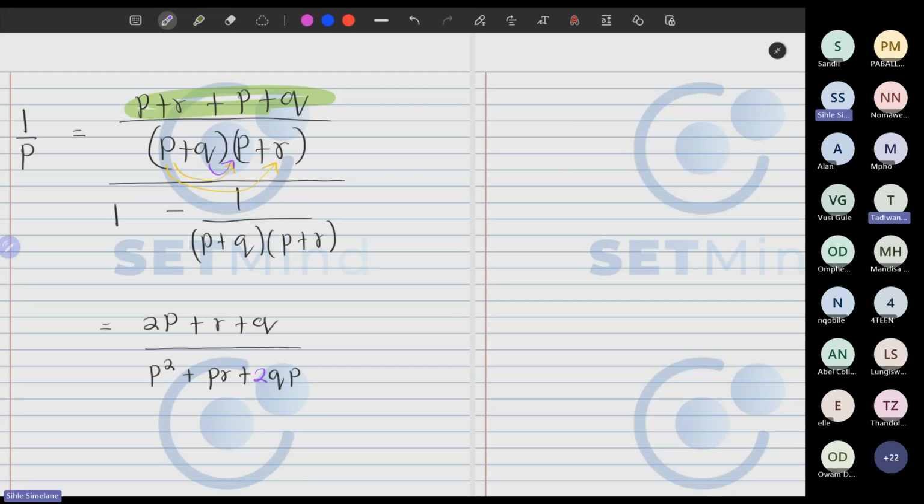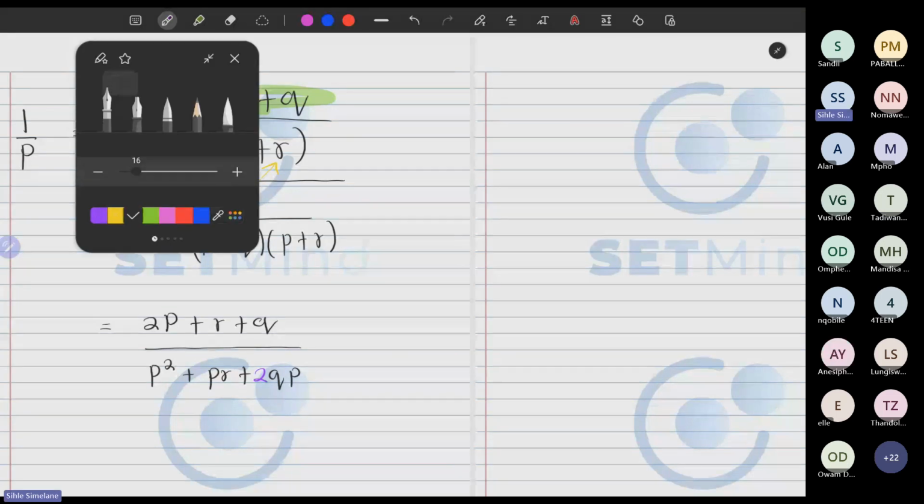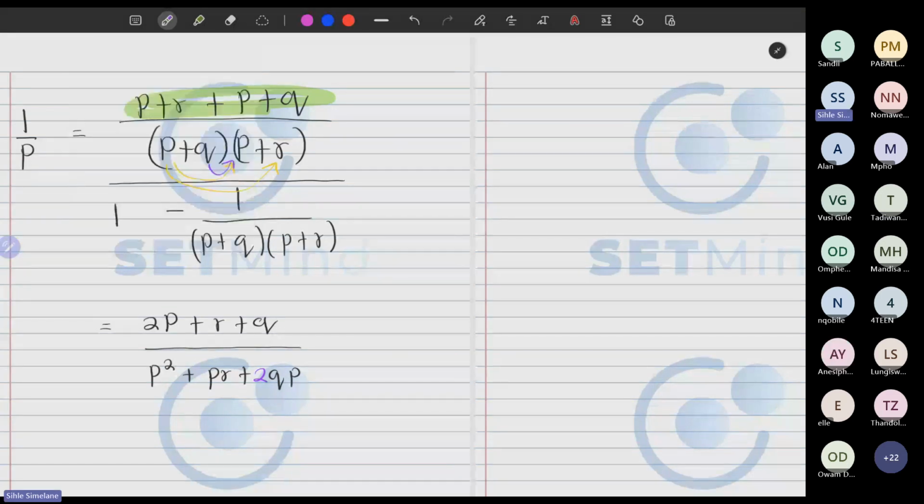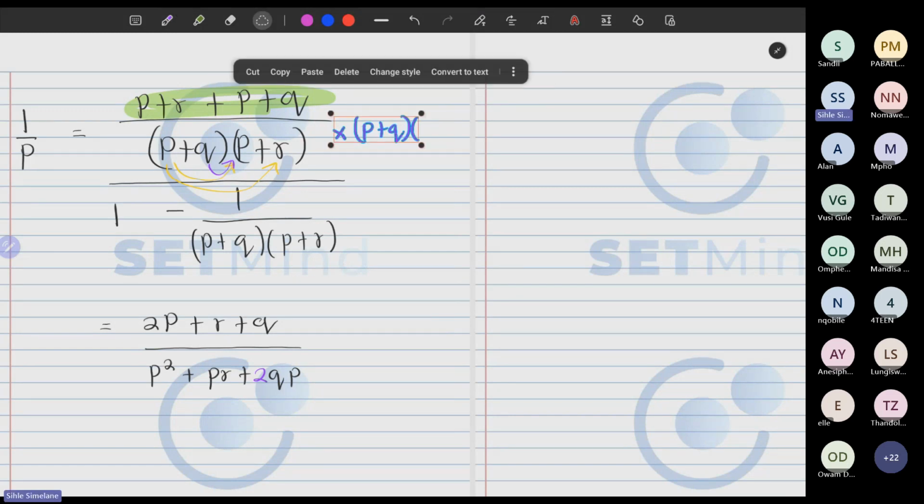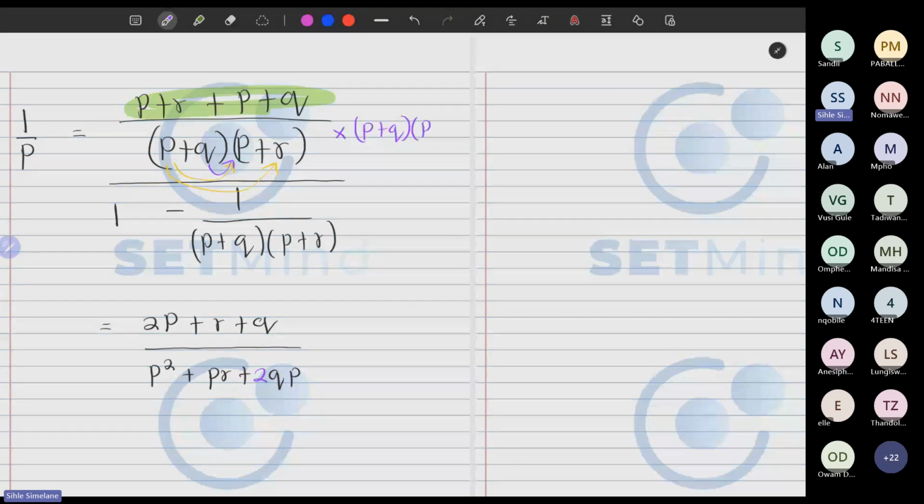Okay, so what you're saying is that instead of multiplying, we can eliminate these denominators by multiplying with P plus Q, which is literally doing nothing, unless you want to make a common denominator, but it will have the same effect. Then plus R, but what you do on the denominator, you do on the numerator. P plus R. This is what you are saying.